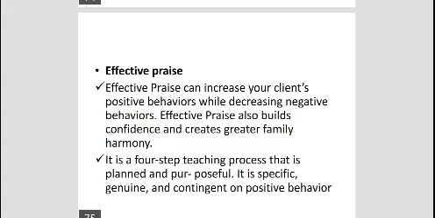Give recognition. When you give recognition, the client will start copying and achieving, creating greater family harmony, and it also gives him or her confidence to stand with his or her life.